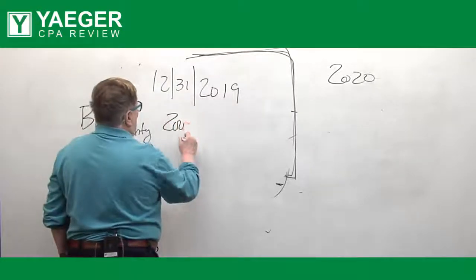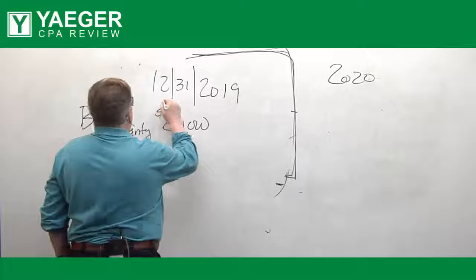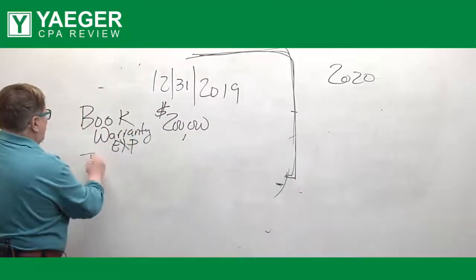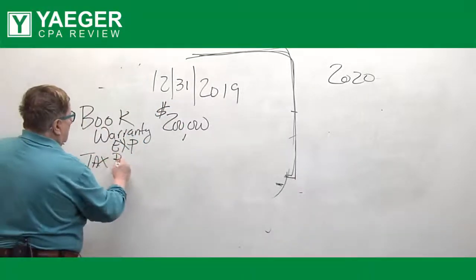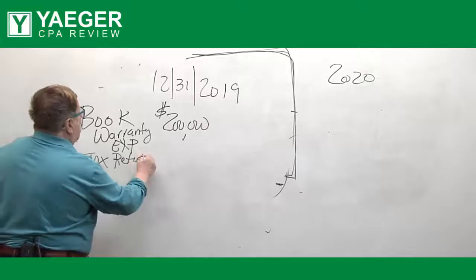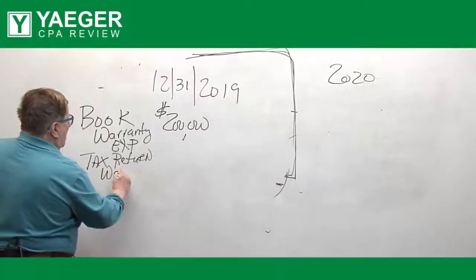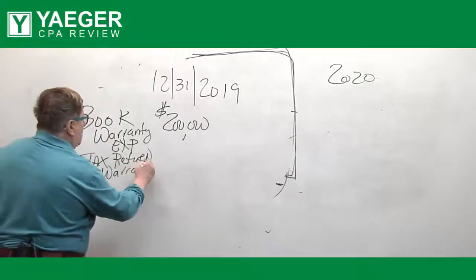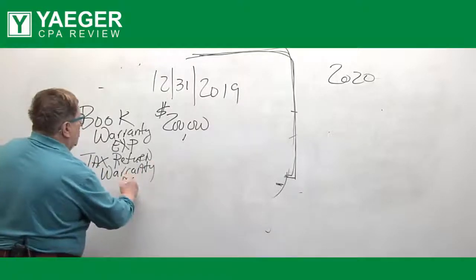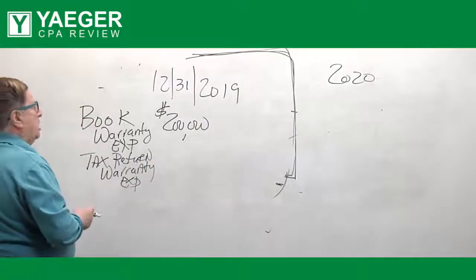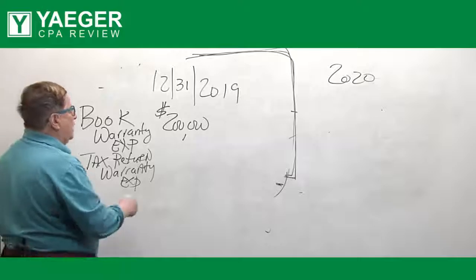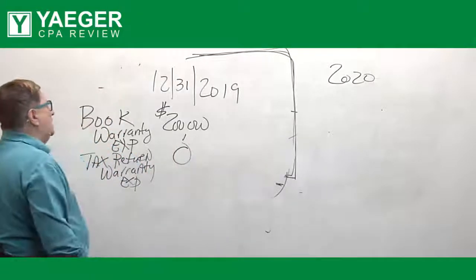Let's assume it's $200,000. We're just coming up with a number. But for tax purposes, you cannot deduct warranty expense until you actually incur the costs. So if you don't have a warranty expense for this year, what's happening?